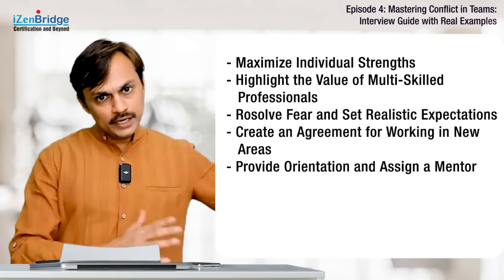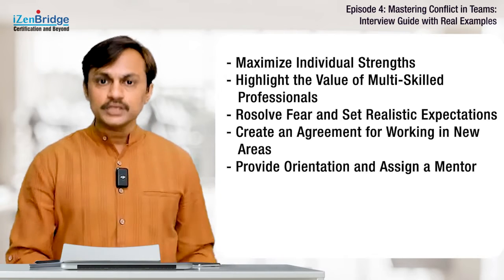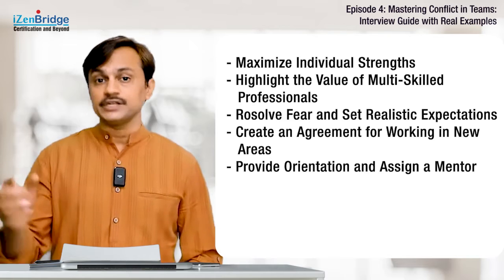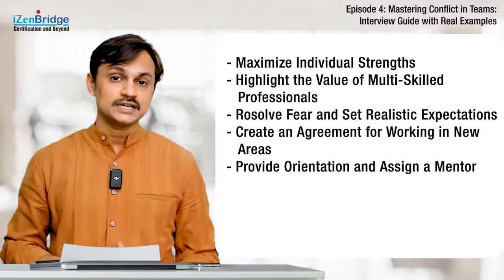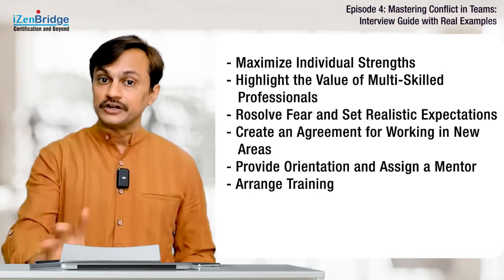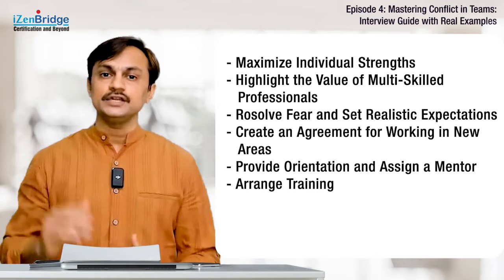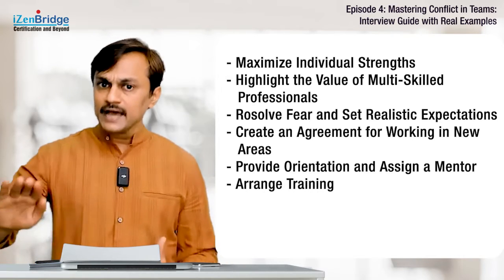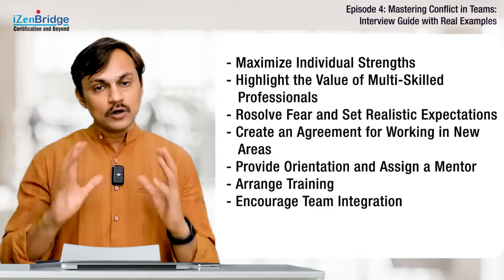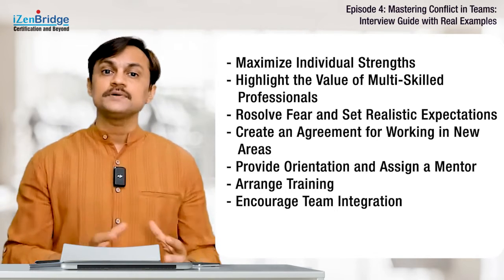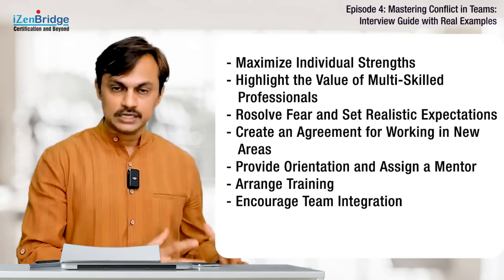And then in order to enable him further, you took him through a proper orientation, you assigned a mentor to him in that particular area where you want him to contribute to some extent. You also arranged a small training for him. With the help of shadowing a mentor and the training, the person started performing at an average level in that area. That also made this person well connected in the rest of the team, because this person was working very isolatedly before.